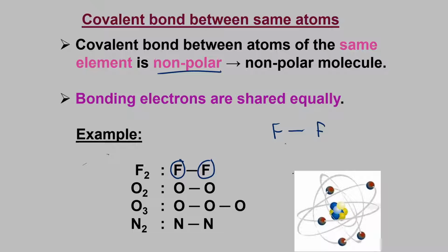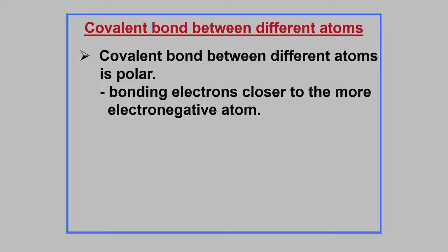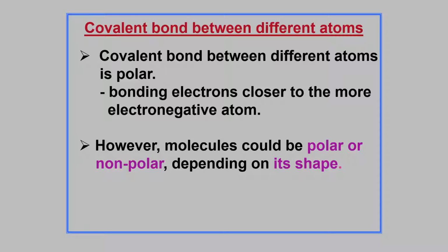Because fluorine 1 and fluorine 2 tarik the electron dekat tengah ni with the same force. So actually this bond tak polar pun. Electron dia are distributed equally in each atom. Samalah O2, O3, N2. Okay, anything yang sama, it is non-polar. Alright? So, it's only polar kalau first it is different atom and one is electronegative and one is more electropositive. Okay, that's the first thing.